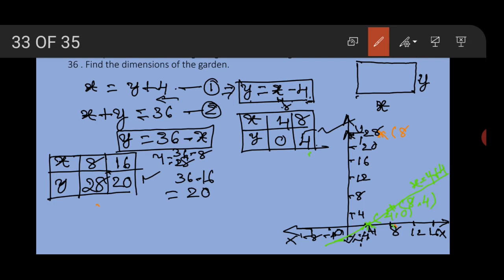This is the point. Here x is equal to 16 and what is the value of y? Y is equal to 20. This is the point, 16, 20. Now join these 2 points.